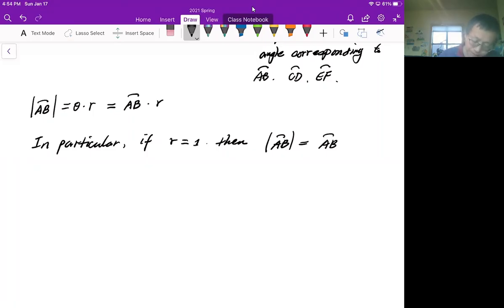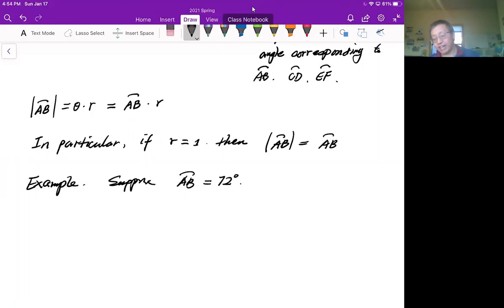Now let's talk about some examples. Suppose the measure of the arc is equal to 72 degrees. Again, the measure of the arc just means the angle. And for the angle, you can have the degree measure, you can have the radian measure. For this question, let me just give you the degree measure because many people in this class are more familiar with it.